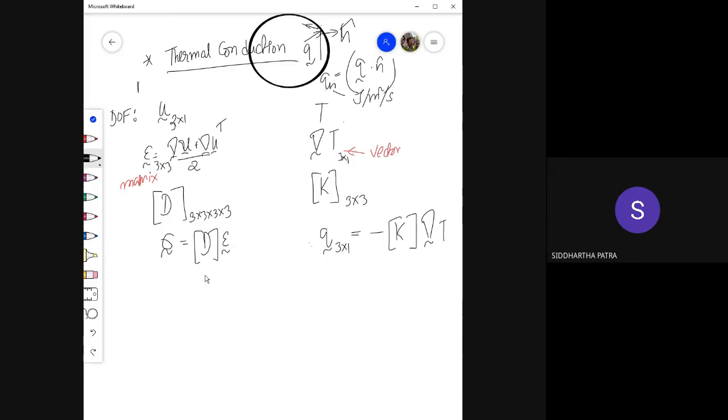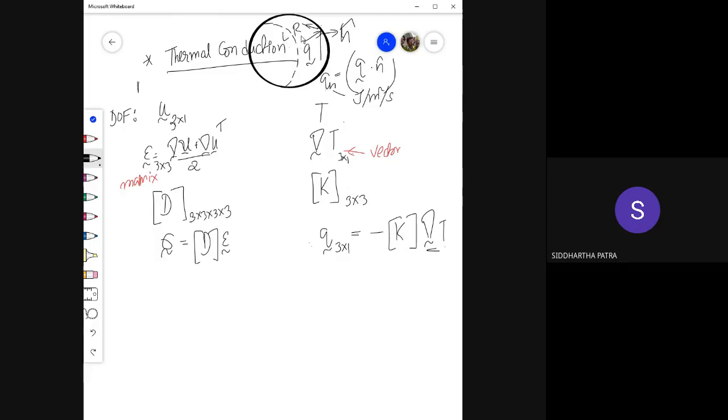And don't be confused with the negative sign. It's there because if the temperature gradient is positive, imagine mentally an imaginary surface within the geometry, and let's say this side is left and this side is right.